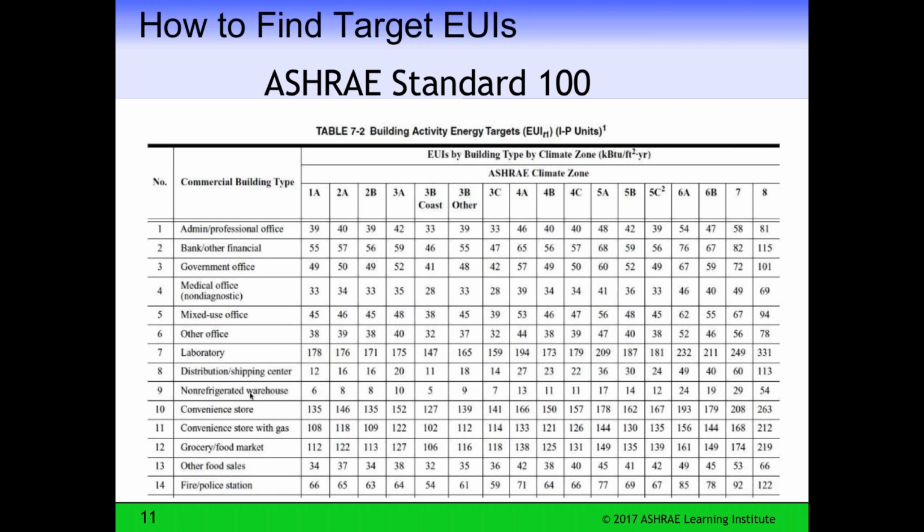And ASHRAE Standard 100, which is energy use in existing buildings, is the best source I've found for those EUIs. As you can see, these are by building type and climate zone, and they give you good information on EUIs. So we've included that here in case you were looking for that kind of information.